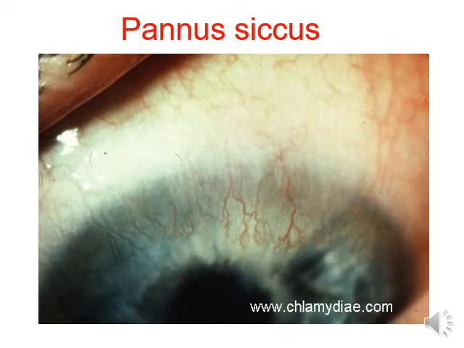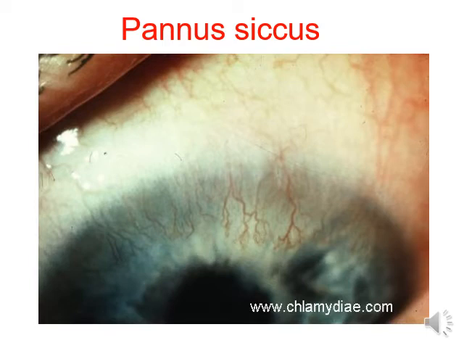This slide shows the upper part of the cornea. The upper part of the cornea shows pannus caecus. What is pannus? Pannus means infiltration of the cornea by cells and blood vessels.